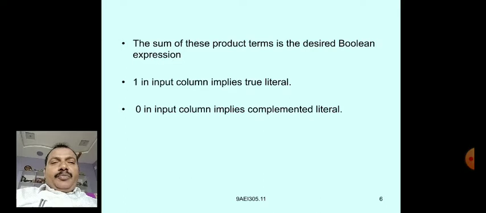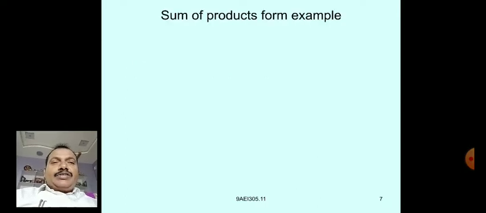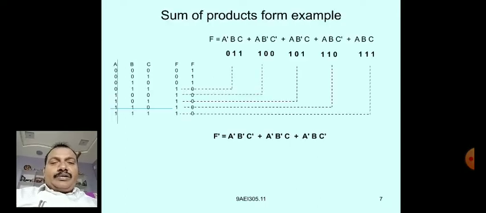One in the input column implies a true literal. 0 in the input column implies a complemented literal. Sum of products form example. Let us take.